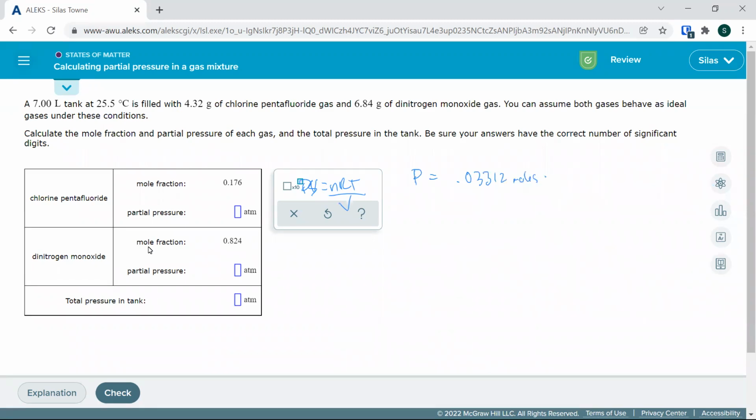Now we're going to multiply by the temperature. Now we do need to do our Kelvin. So we have 273.15 plus 25.5. And I'm just going to keep all the digits right now. And then we divide by our 7 liters.